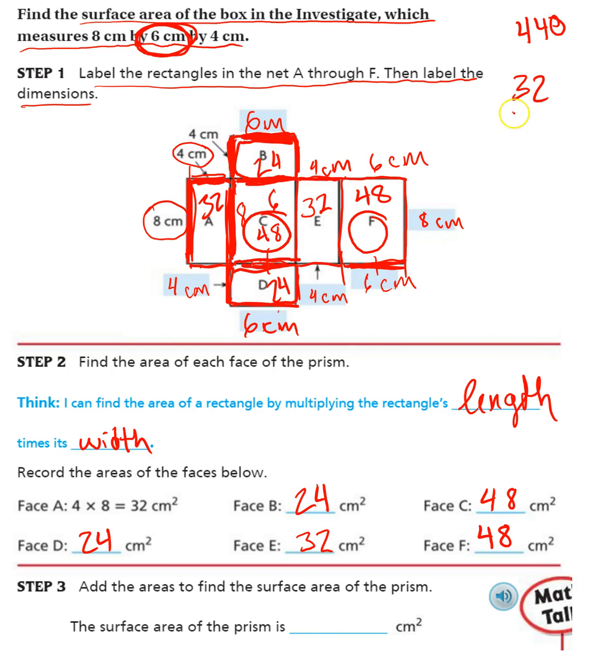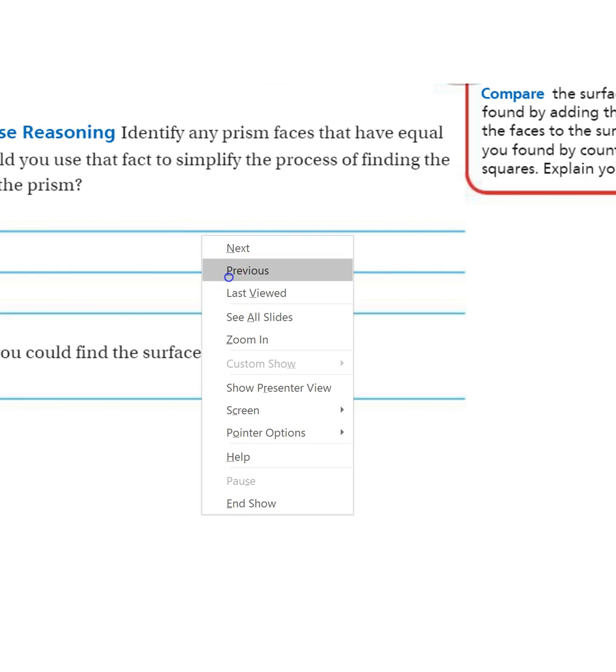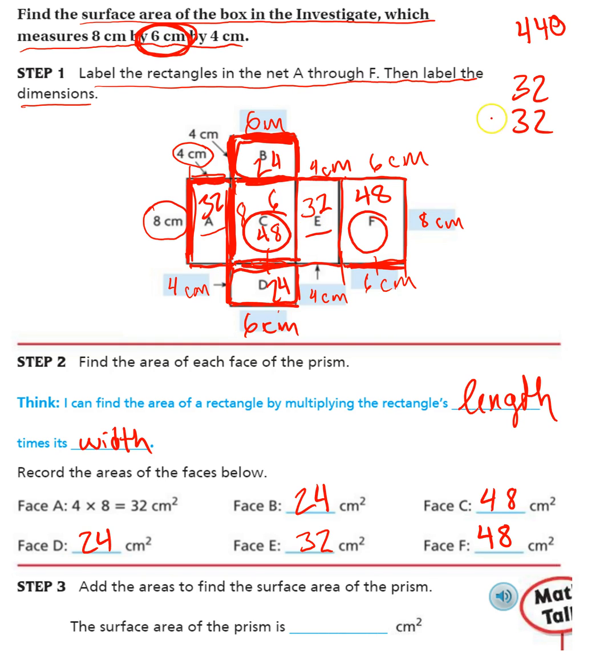We have 32, 32. That is the two sides, A and E. We'll be adding those up. Here, I'll just do them all together. Then we're going to be doing B and D, the front and the back, 24 and 24.